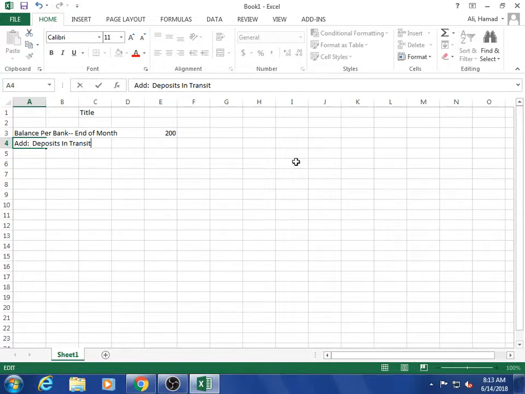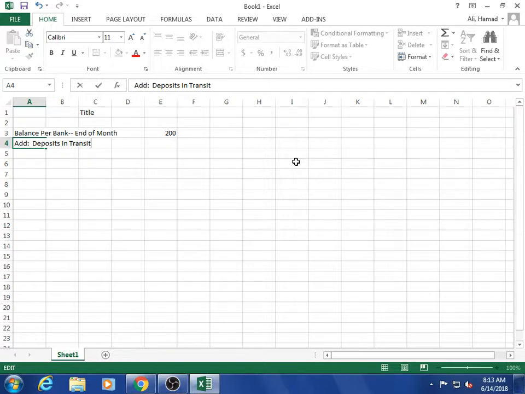So you look at your cash receipts journal, and you have 4 or 5 checks. Have they been cleared? If they haven't been cleared, that means they are deposits in transit. Let's say you have 10 checks from your customers.